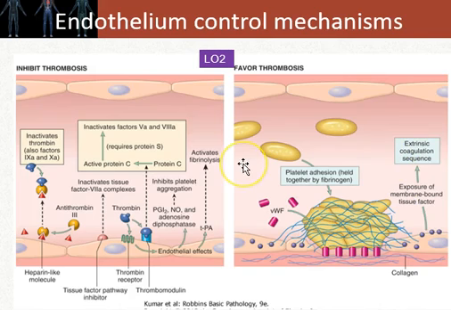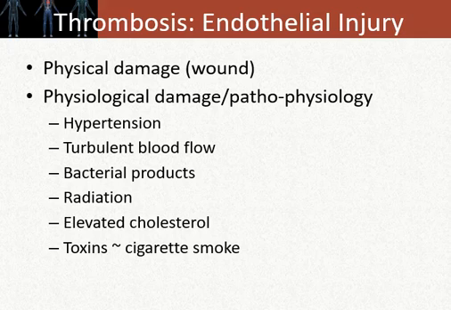And of course, within the physiology, there are normal control mechanisms that will inhibit the formation of clots, and there are control mechanisms that will favor the formation of clots, depending on what's happening at the local environment and what overall physiologic effect is needed.